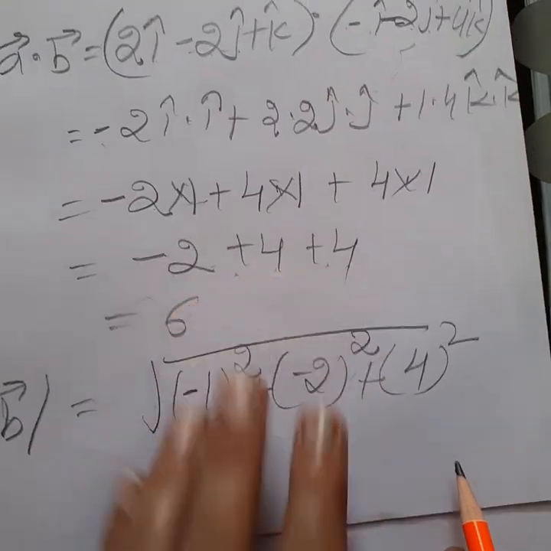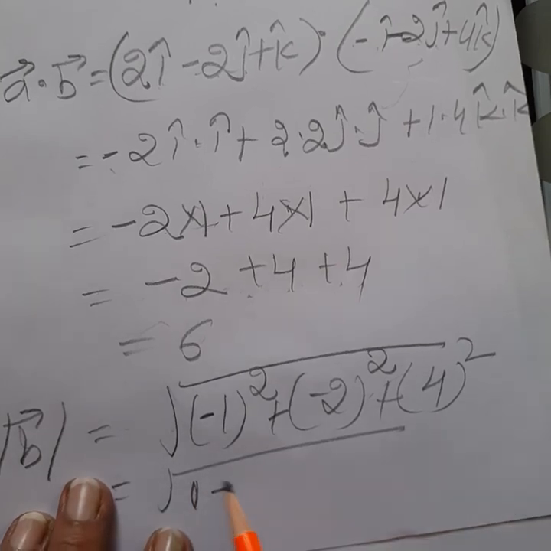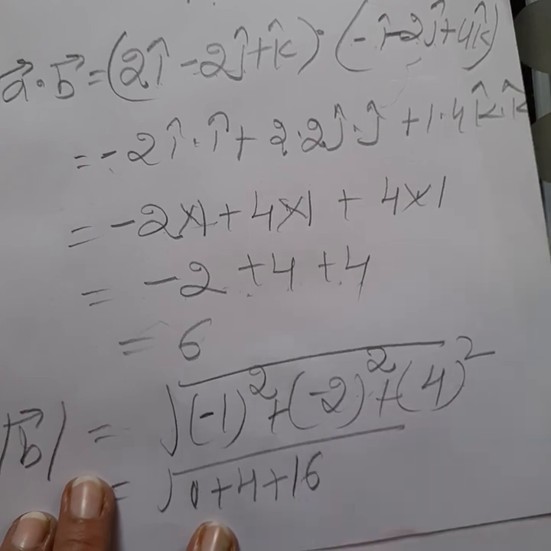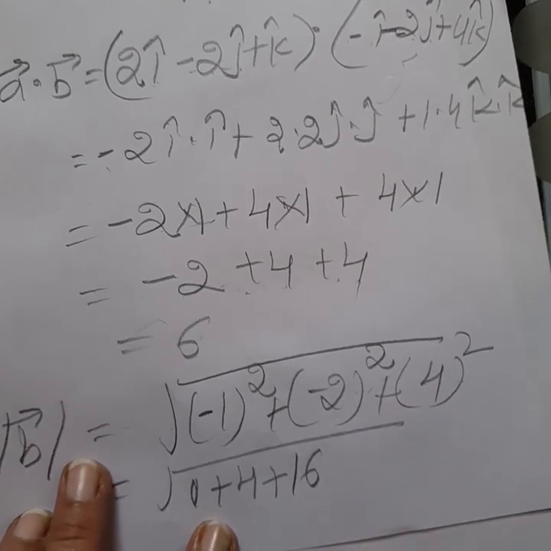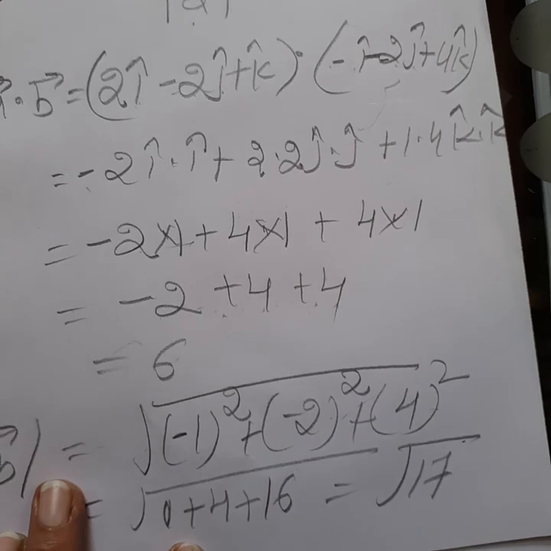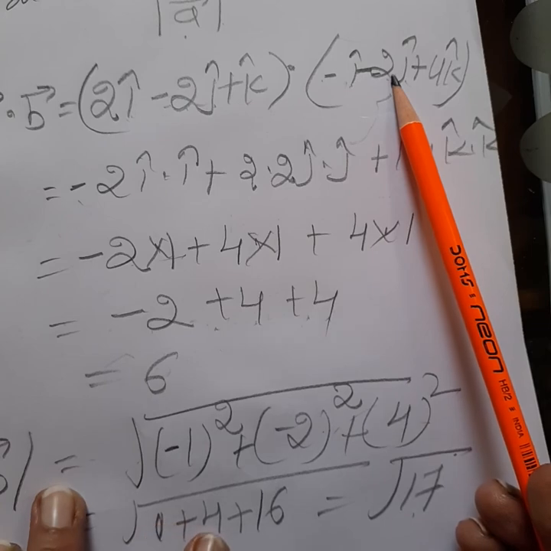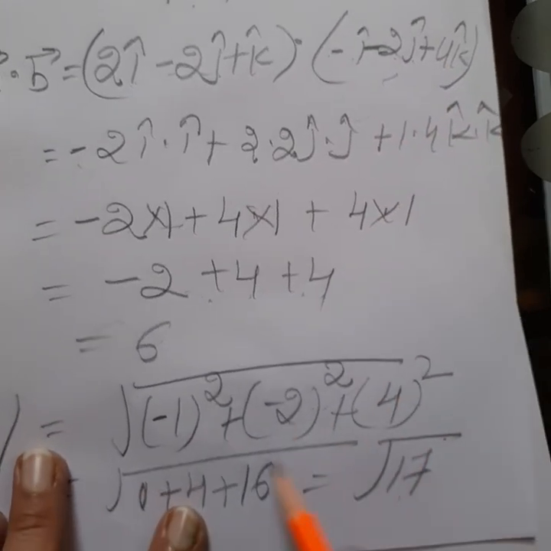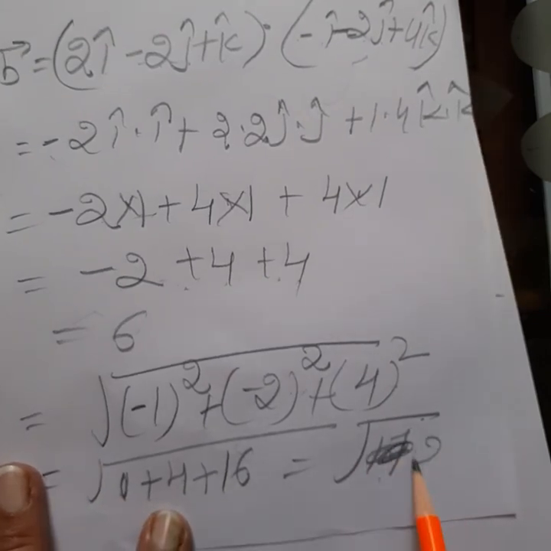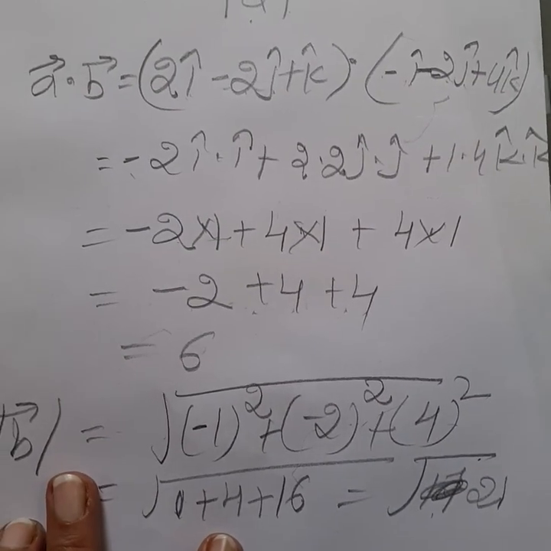So students, we put these values in our magnitude and we get 1 plus 4, because 2 twos are 4, and 4 fours are 16. So 1, 4 and 16, 16 plus 4, 20 and 21. Sorry, we get 21. Now we put all these values in our formula.